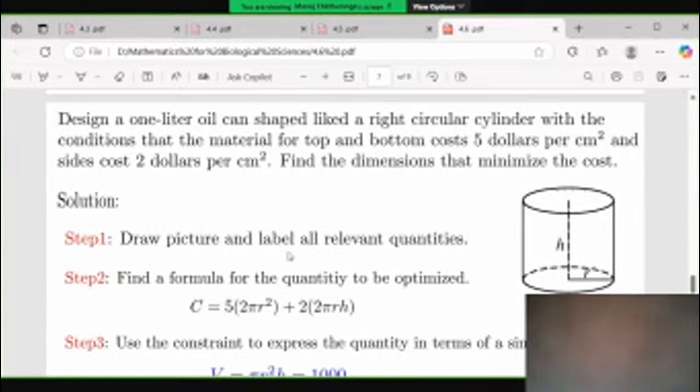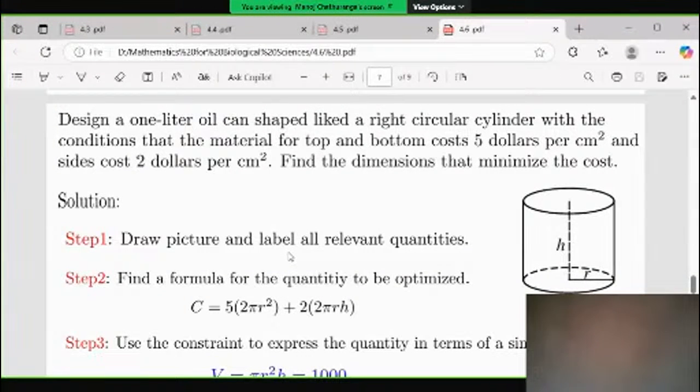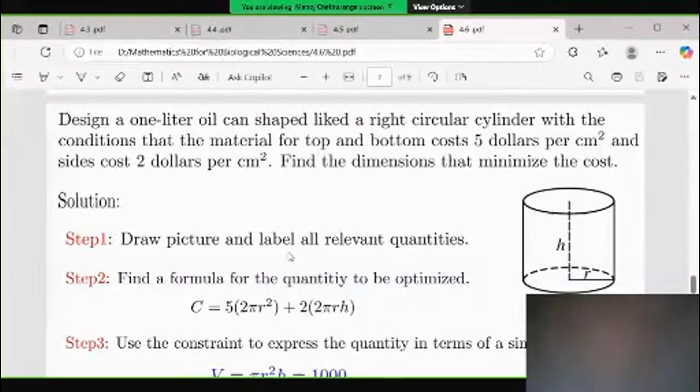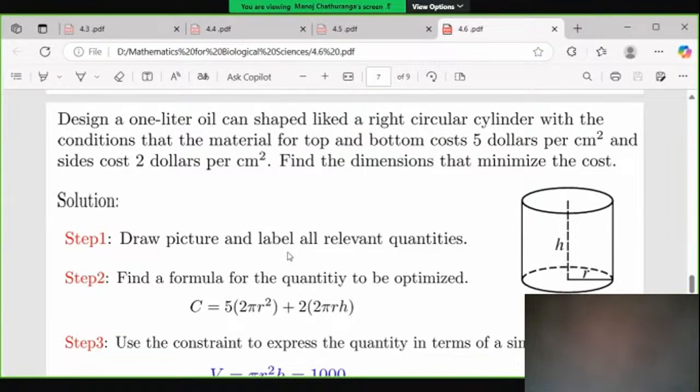This time you need to write an expression for the total cost and minimize that one, minimize the cost function, not the total surface area. Still we have a constraint. Constraint is volume. Volume must be a single liter.